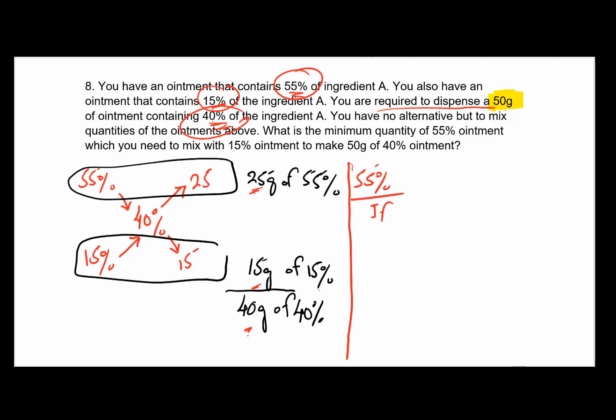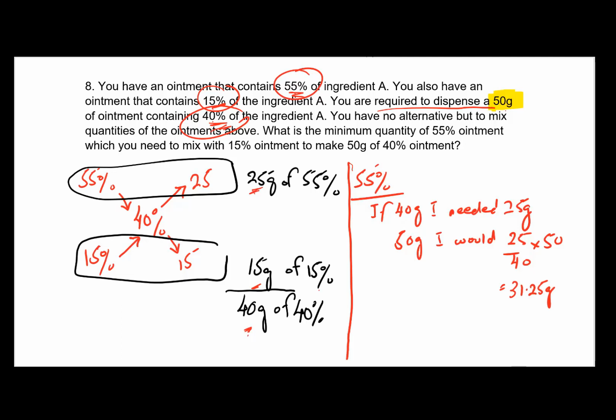If for 40 grams I needed 25 grams, for 50 grams I would need 25 divided by 40 times 50. 31.25.